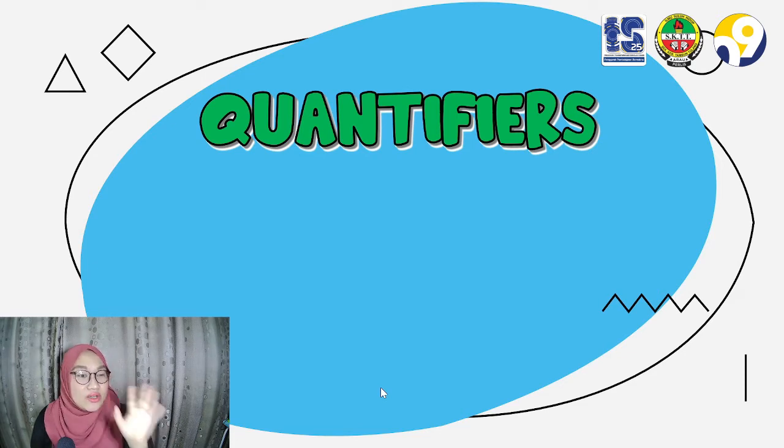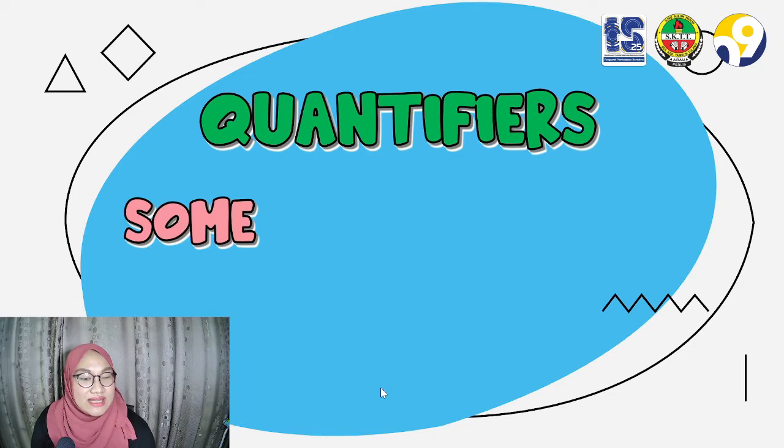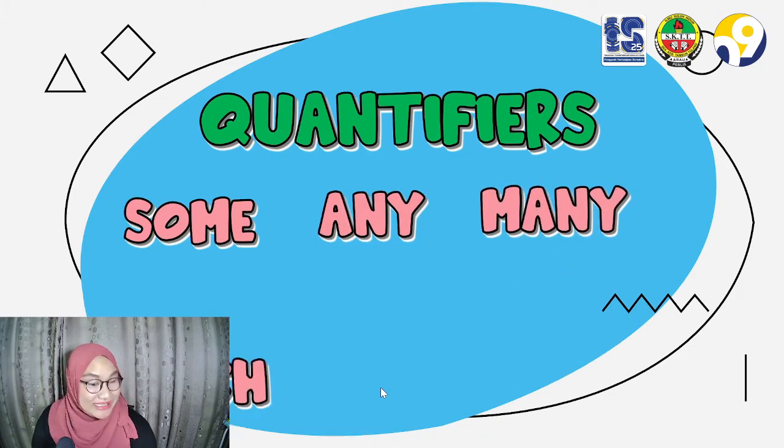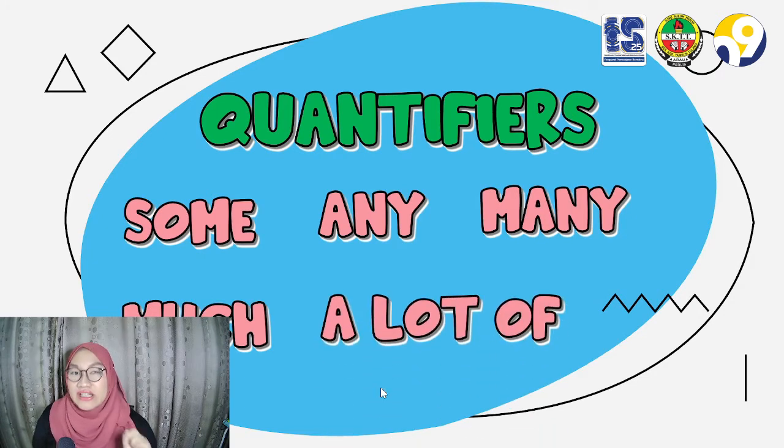And the quantifiers that we are going to be learning today are only some, any, many, much, and a lot of. Of course, we have more quantifiers in the English language, but for today's video, we are only going to be focusing on these 5 quantifiers. So, tanpa membuang masa lagi, let us get on with today's video.